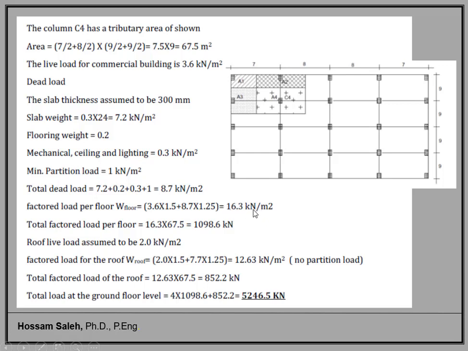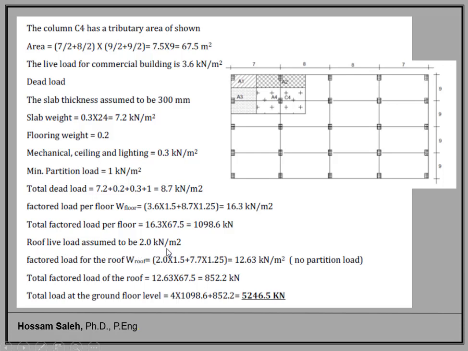If I multiply this load times this area, I can get the load per floor. So the total factored load per floor is 16.3 kilonewton per meter square. If I multiply that by the area, I get 1098.6 kilonewton. Now the roof live load is assumed to be 2 kilonewton per meter square.